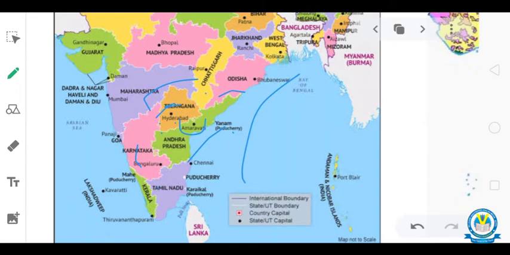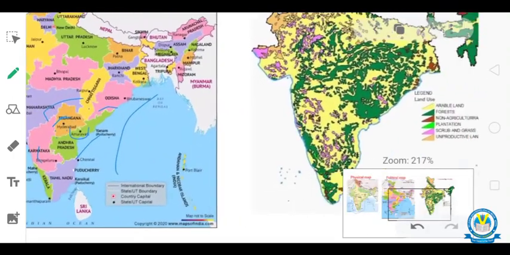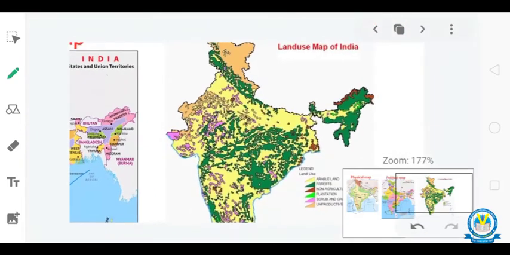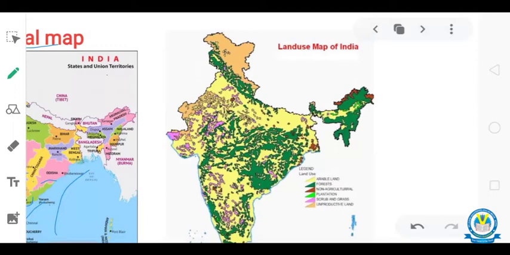Like that. And also, one of the thematic maps is the land use map. The land use map shows the use of the land. Suppose in a village, some parts of the land are utilized for raising food crops, and some other parts are used for residential purposes.